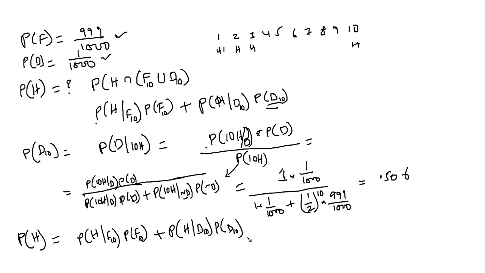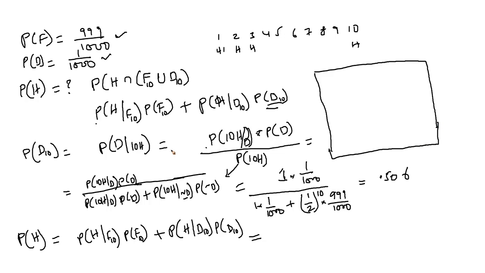So this is the setup, so let's compute all of those values. The probability of D10 is what we already computed, which is 0.506. The probability of F10 is 1 minus this one, right?